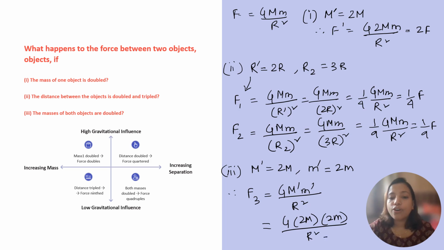This would be 4 times G M m by r square, so 4F. That means when the masses of both objects are doubled, the force becomes four times the previous one. It gets quadrupled basically.